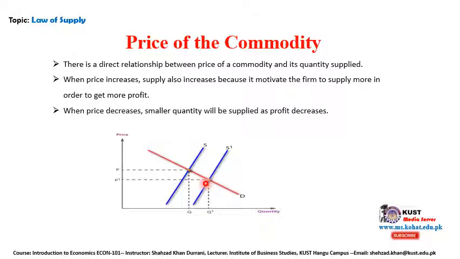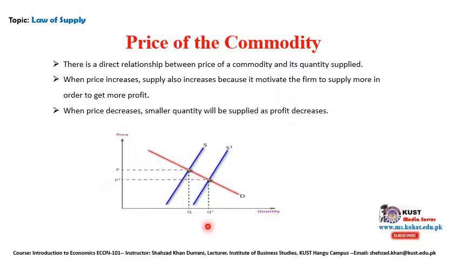For example, if the price is decreased, the supply is also decreased. And when you are decreasing the supply, it means that the quantity of the commodity that you are offering to the market is also decreased, right? But the demand for that product would increase because of the price decrease.